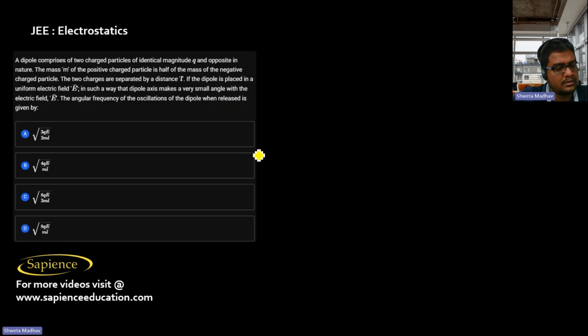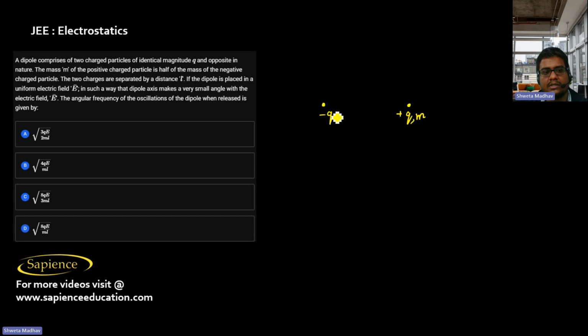And here it is told a dipole comprises two charged particles of identical magnitude q and opposite in nature. The mass m of the positive charge particle is half of the mass of the negative charge particle.